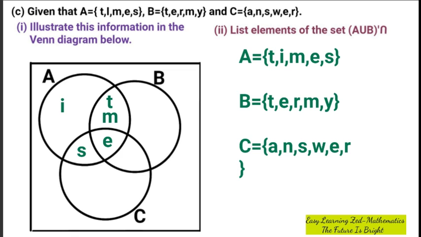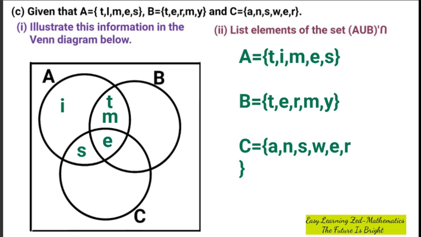Let's check elements we haven't used. As you can see, T has already been used and E is already put. Then R, we haven't talked about R. Is R found in B? Yes. In A? No. In C? Yes.